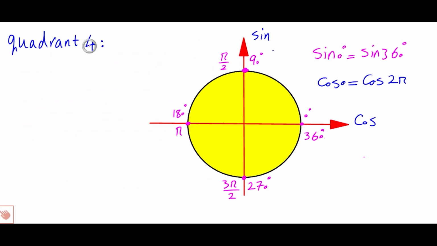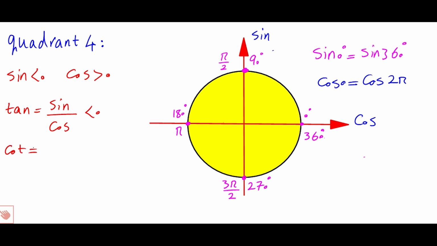In the fourth quadrant, sine is negative and cosine is positive because the fourth quadrant is located down and to the right. So tangent is equal to sine divided by cosine, which is negative, and cotangent is equal to cosine divided by sine, which is negative.